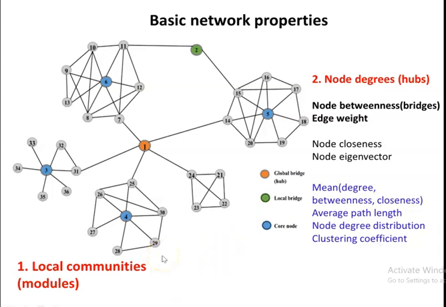Okay, a very important property of a network that all biologists, I would say, are obsessed with is the formation of local communities in a network. A local community is basically an area of the network where the nodes tend to form interactions with themselves much more than with the rest of the network. For example, in the example network that I'm showing you here, we have 1, 2, 3, 4, 5 local communities.